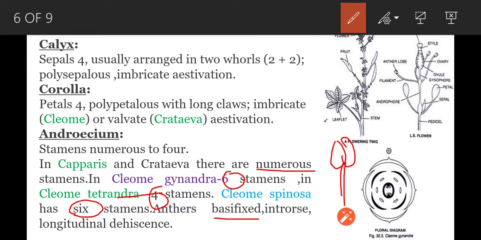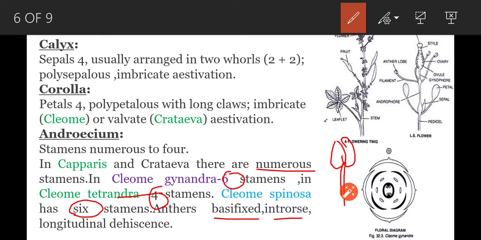And stamens are introrse. They remain enclosed in the corolla, so that they are not exposed to the outer environment. Next, longitudinal dehiscence. The anther splits longitudinally.